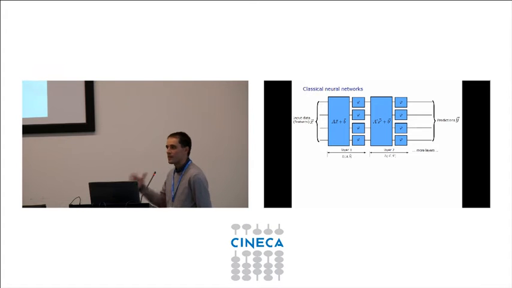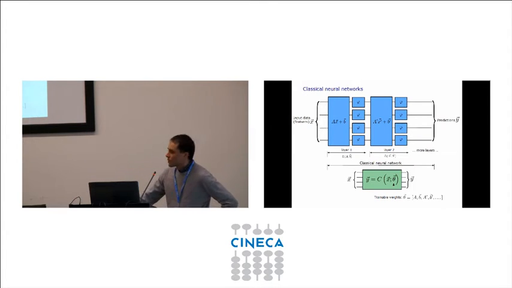You can variationally optimize these layers in order to have good predictions at the output. That's the basic model of classical neural networks. From a mathematical point of view, this is just a family of functions: a function C that maps a vector x into y, and is parameterized by many parameters that you can optimize.